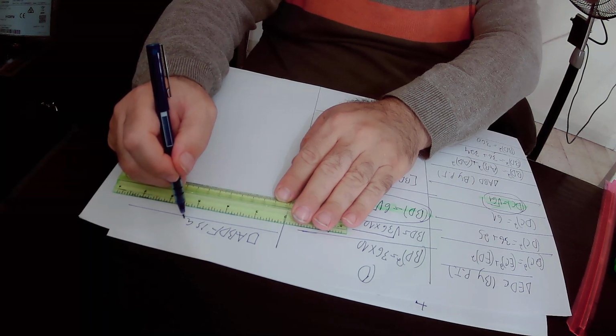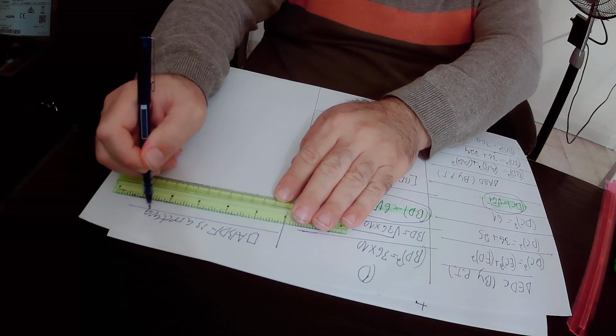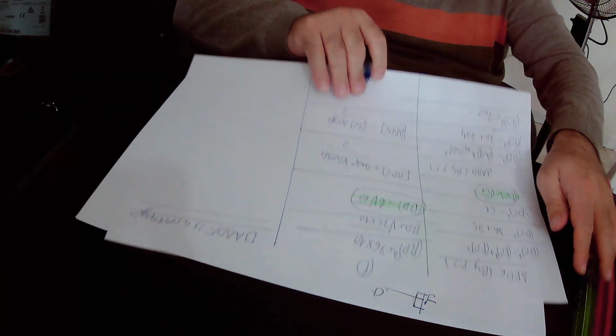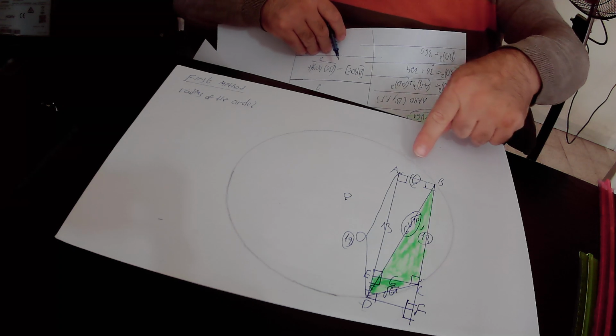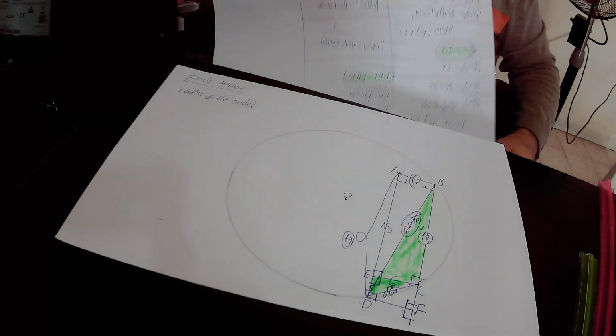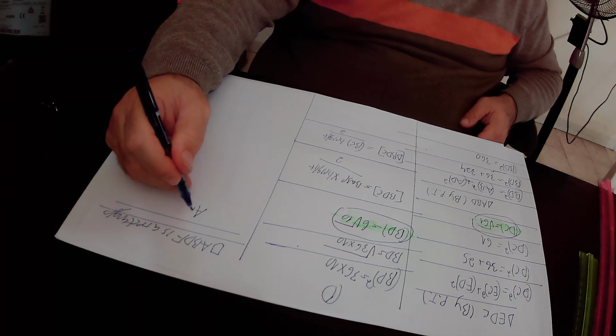Why? Because it has 4 right angles. But we also know that the opposite sides of a rectangle are equal to each other. That is to say, side AB equals side DF. And I know that AB equals DF.